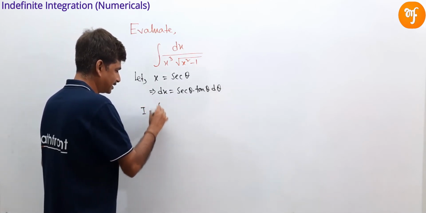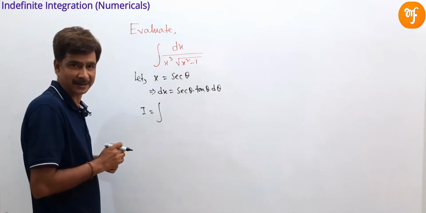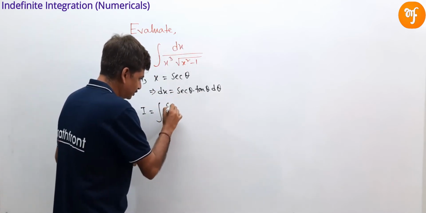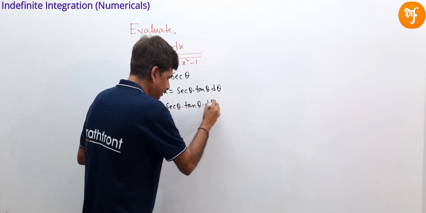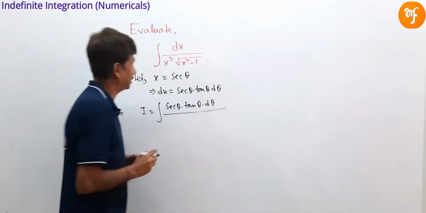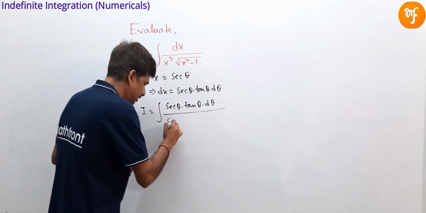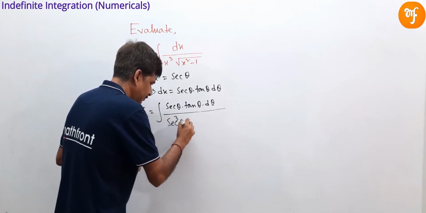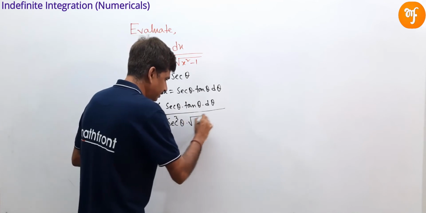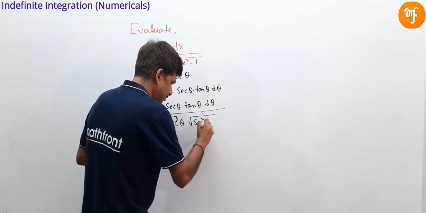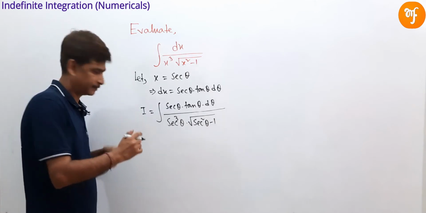I can be written as integration of, instead of dx we are writing sec theta into tan theta into d theta, whole divided by x cube meaning sec cube theta, into square root of x square minus 1, that is square root of sec square theta minus 1. Okay. Now let's simplify it.